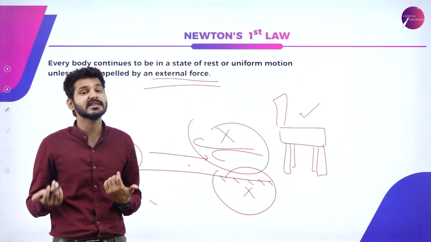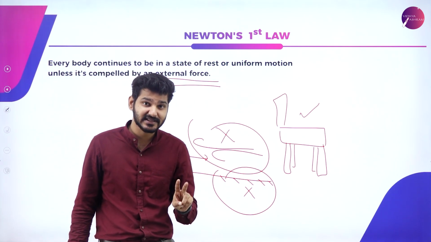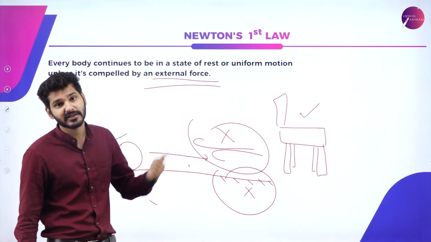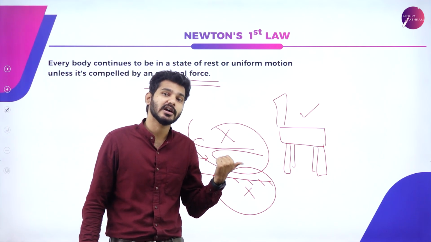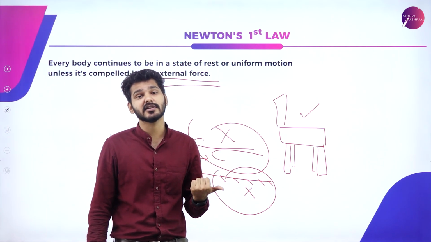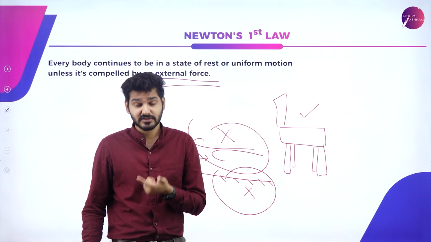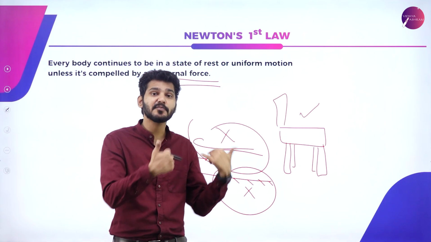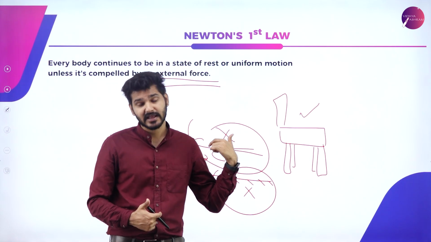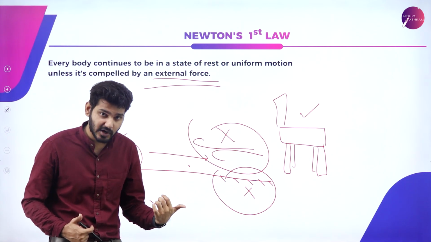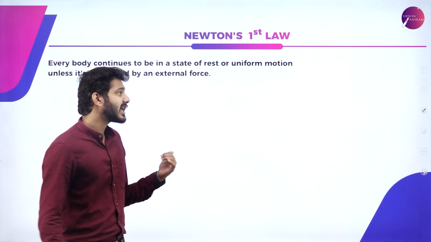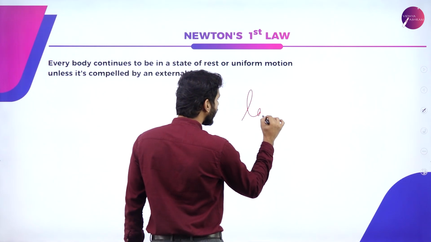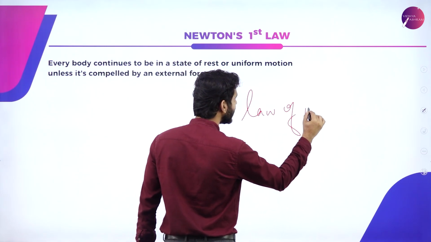So we can say that there are two states hidden within this law. That is the state of continuing in rest or the state of continuing in motion. So there are two possibilities or two subvariants to this law. And this law can then be called the law of inertia.